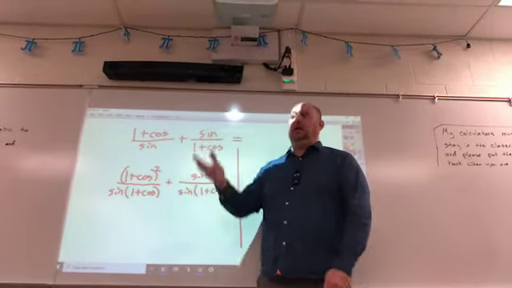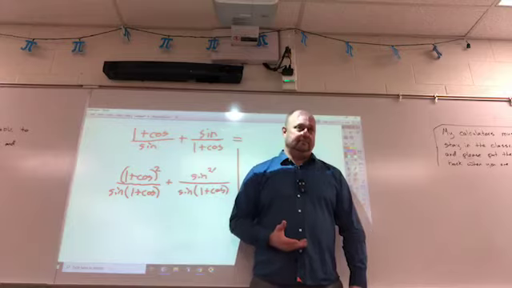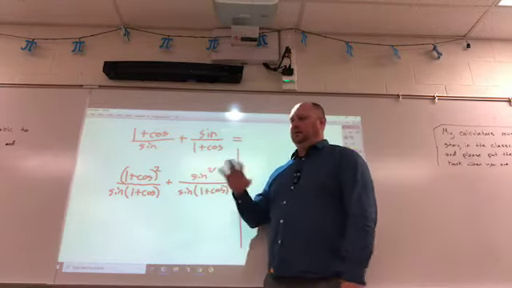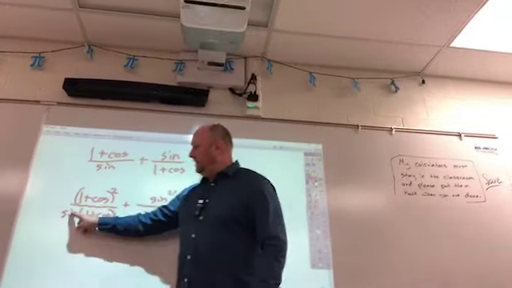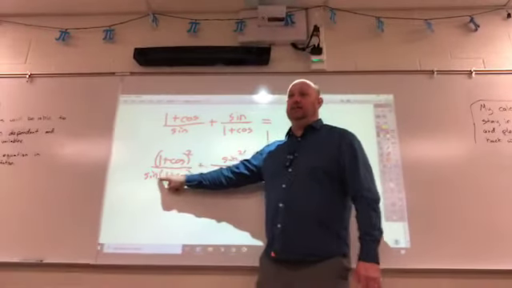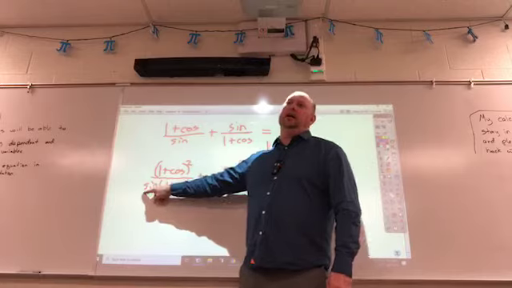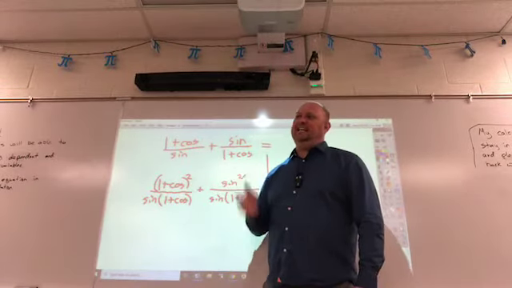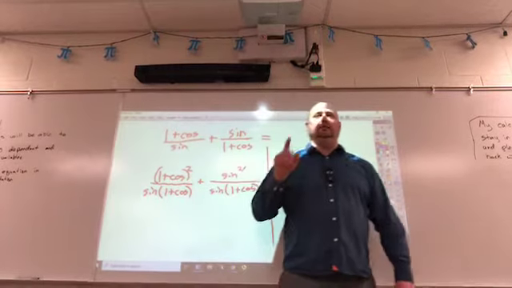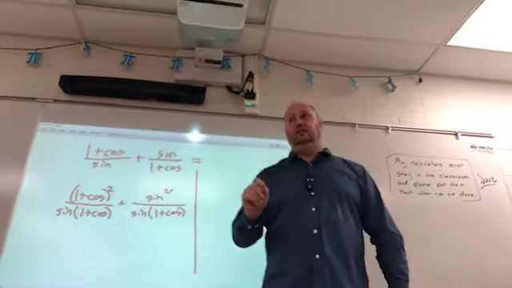And sometimes you're going to have to, sometimes you're not going to want to. Everybody look at that toolbox page I gave you yesterday. If I distribute this, I'm going to have a sine. I'm also going to have a sine times a cosine, aren't I? Is there anything at all in that toolbox that deals with sine times cosine?